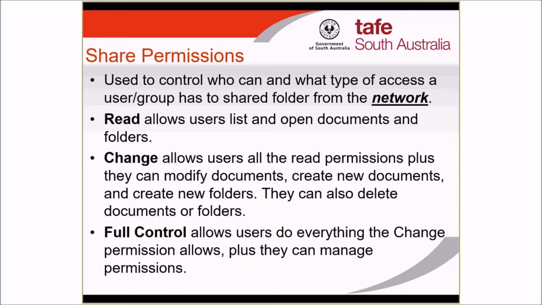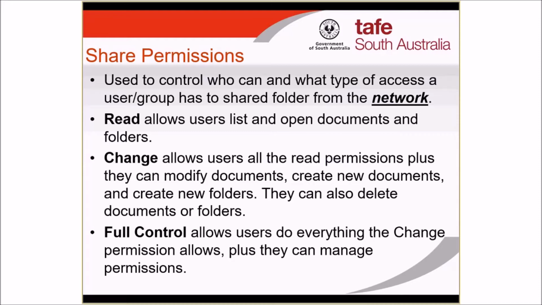If I was sitting at this computer seeing the same resources, because I'm going through the local file system and not through a network, those shared permissions have nothing to control me. They don't apply to me at all. So the first thing I want you to remember is that shared permissions apply only over the network.